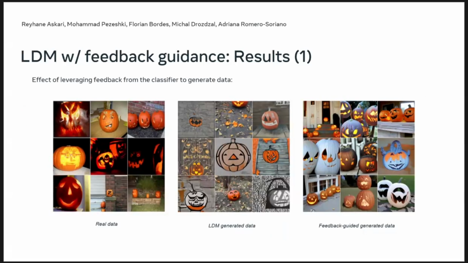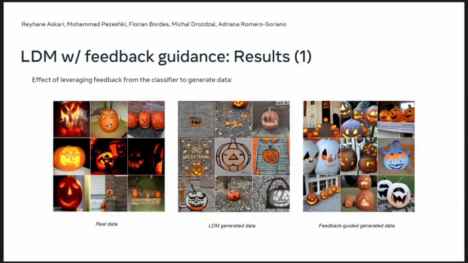I'm showing first data from the real-world data set. This is for jack-o'-lantern, and we see the kind of diversity that is contained in the data set. Then we have the LDM generated data, so this would be without the feedback guidance that we have introduced.